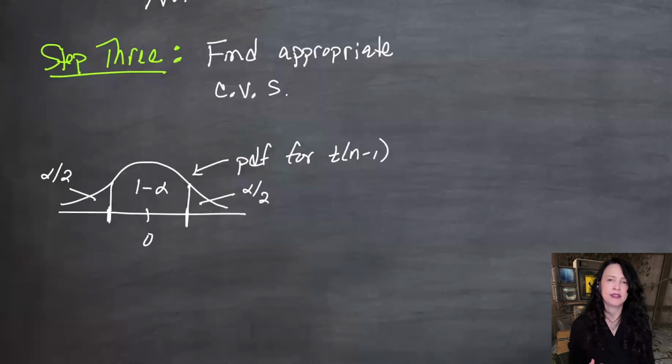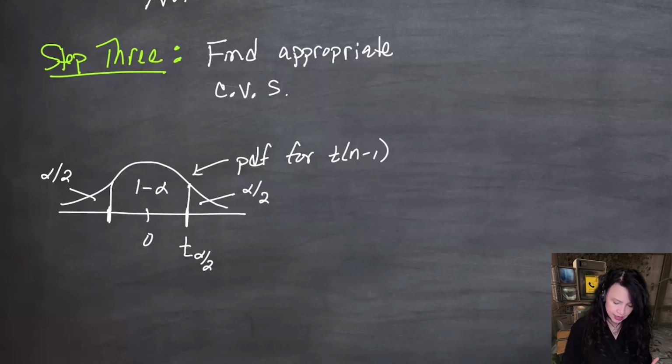And because this is symmetric about 0, I really just have to find one of them and the other will be the negative. And then the notation I'm going to use is similar notation. It's going to be a little t sub alpha over 2 to be the number that cuts off area alpha over 2 to the right. So this is a critical value, but that alone does not describe the distribution.